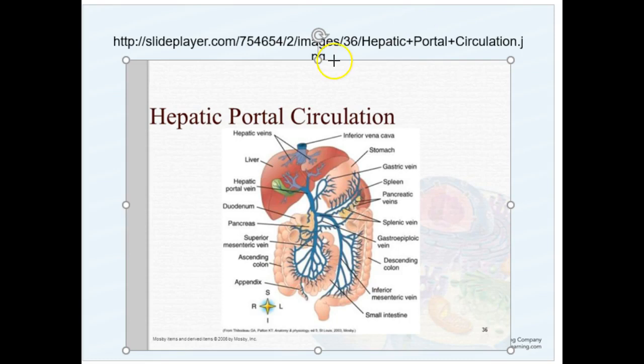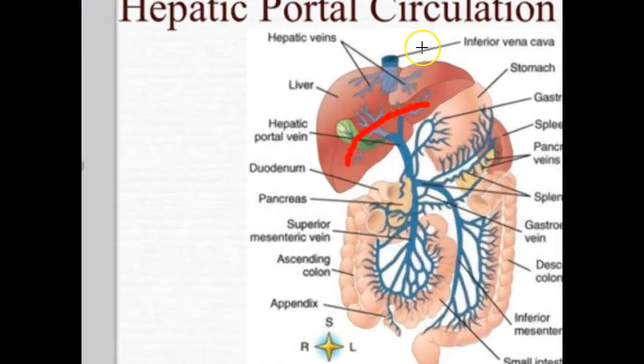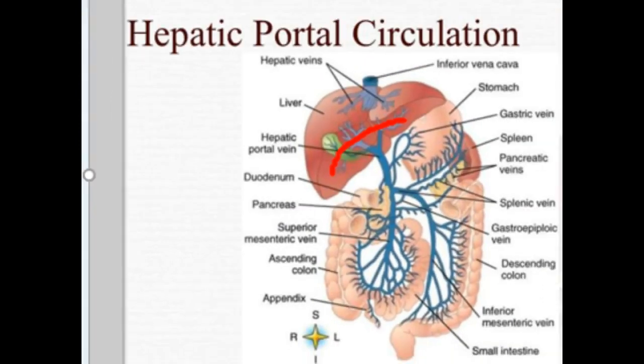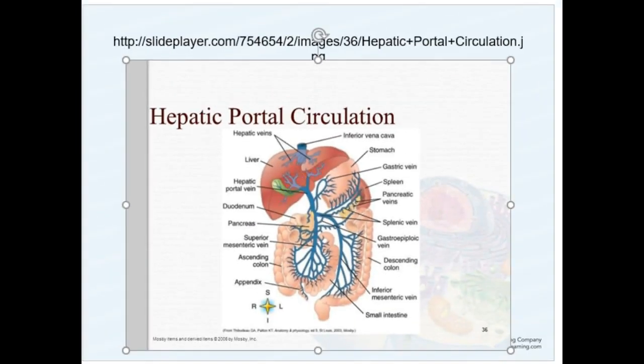When the liver gets scarred and damaged with cirrhosis, when it gets damaged, you cannot get this nutrient-rich blood in from the hepatic portal circulation.